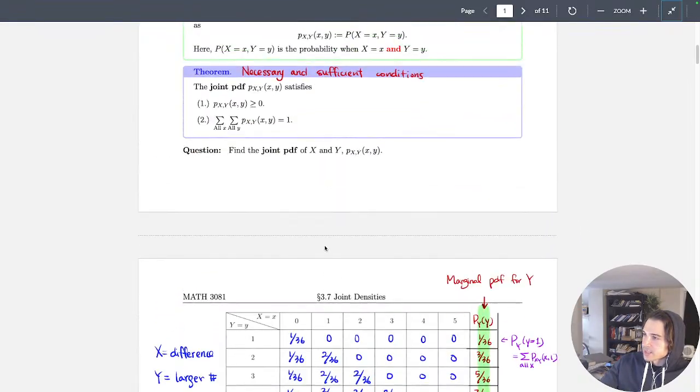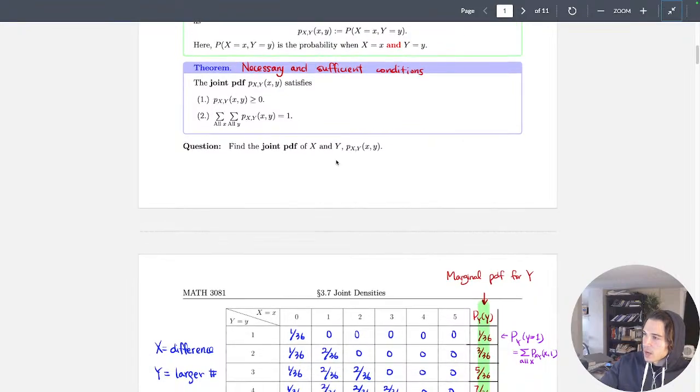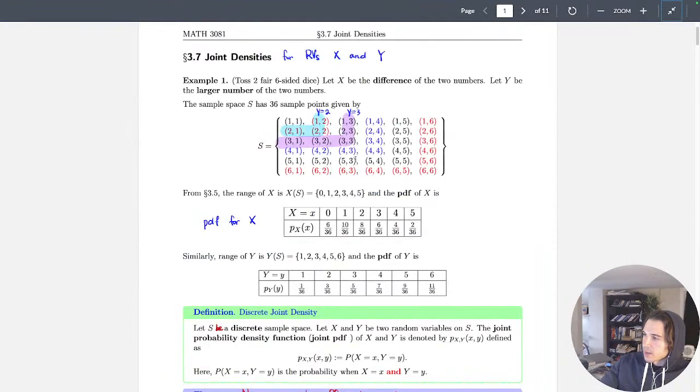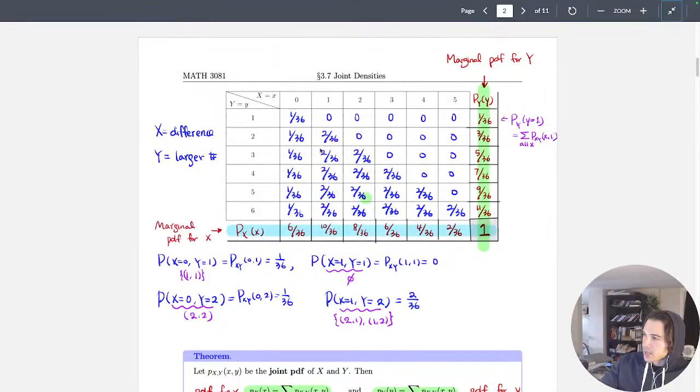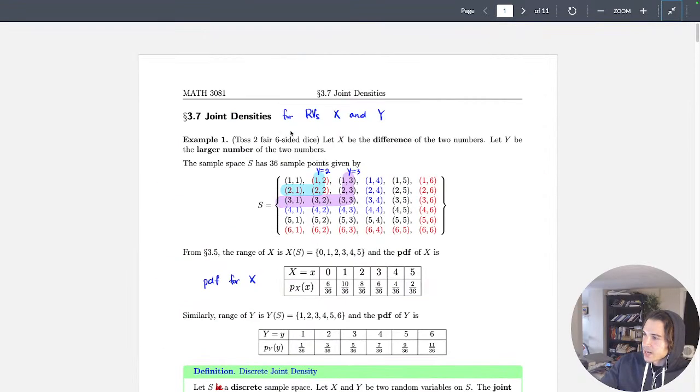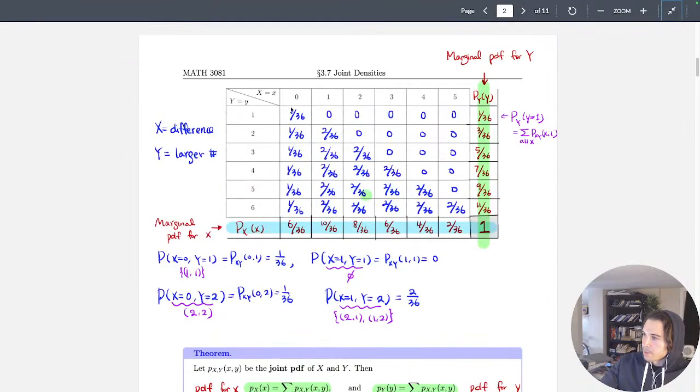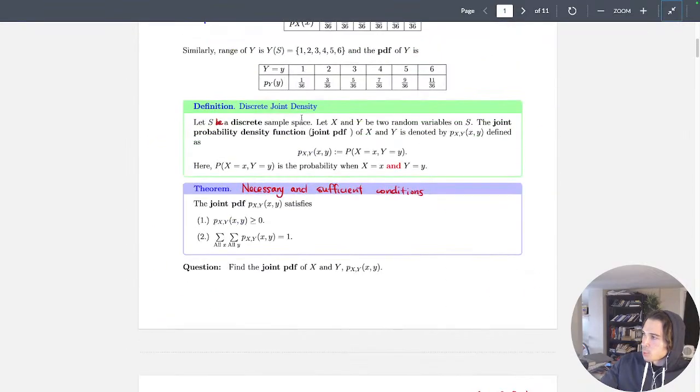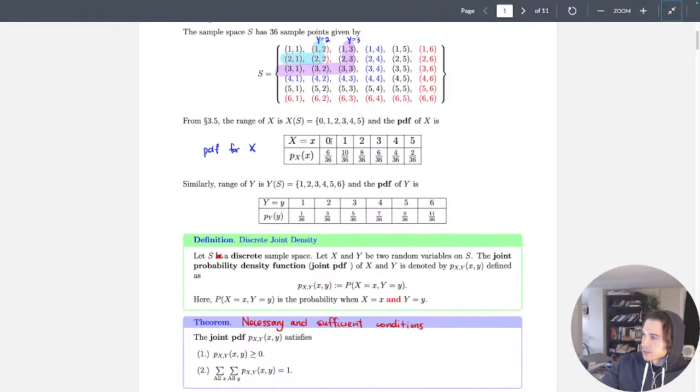So if we're asked to find the joint PDF of x and y, then we're going to calculate this. X equals 0 and y equals 1 is going to happen 1 out of 36 times, right?